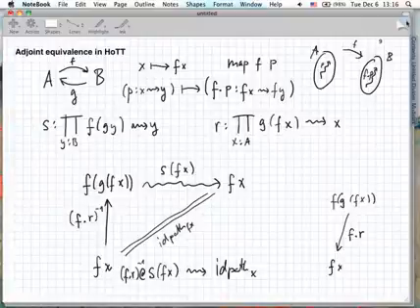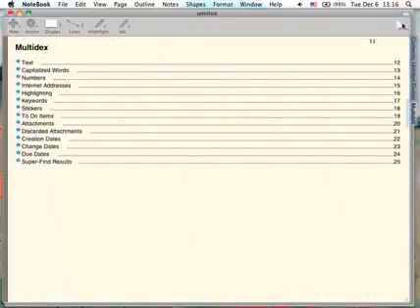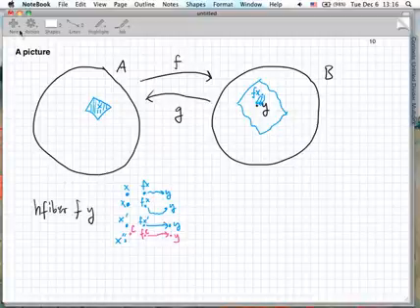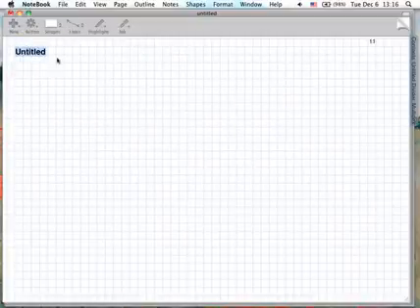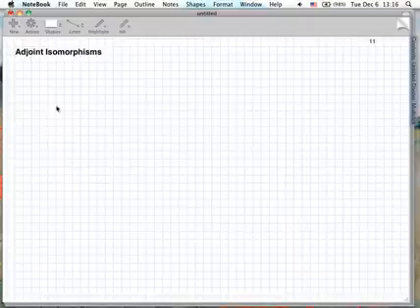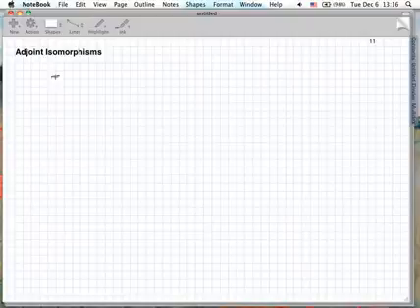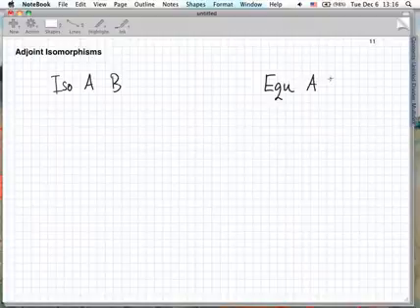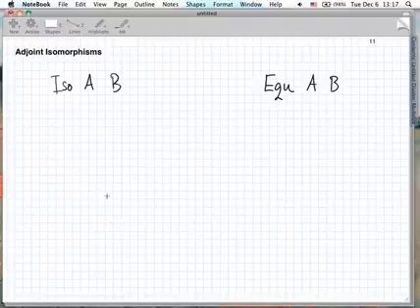So we want things to go this way. What's this picture doing here? It's out of order. On one hand, we have isomorphisms. Then we have the equivalences, which means homotopy fibers are contractible. But we can now consider a slightly more important notion, which is adjoint isomorphisms.